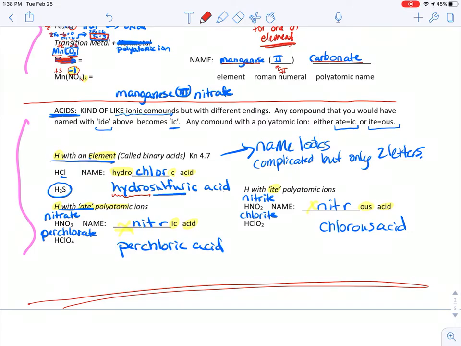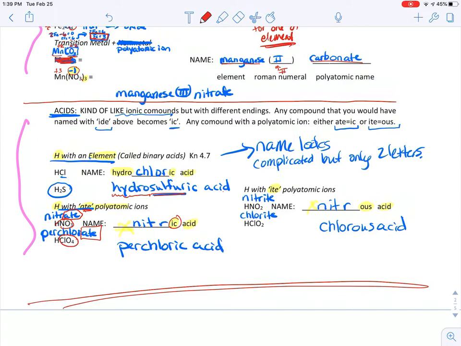So if we do these 3, we have hydrosulfuric acid, hydrochloric acid. So this is one case where the sulfur doesn't shorten. Then we have our -ate polyatomic ions. So we have nitrate, perchlorate. You see how those have -ates? Those are the names of these groups, again, from the polyatomic ion list. The -ate ions become -ic.